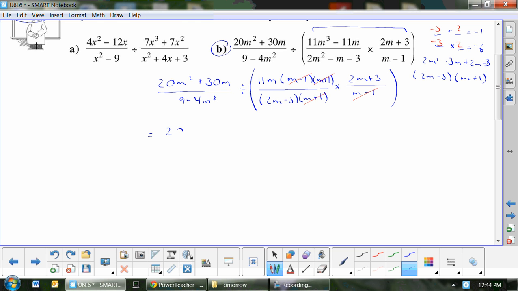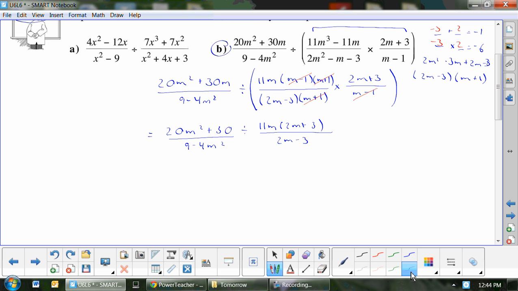And that leaves us with 20m squared plus 30m over 9 minus 4m squared. And then you want to divide it by 11m, 2m plus 3, all over 2m minus 3.